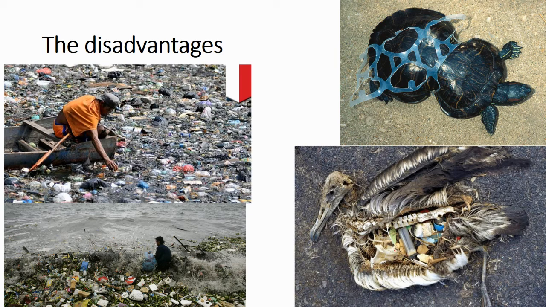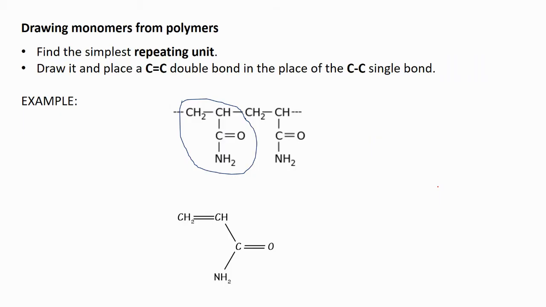Unfortunately, it builds up in their stomachs because they can't digest it, and they die from malnutrition because they're not getting any nutrients and their stomach is full. This poor turtle has had this plastic around it for a long time, and its shell has become deformed. So just bear in mind that while plastic has many advantages, it also has many disadvantages.